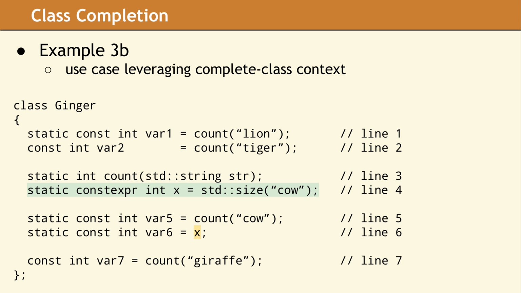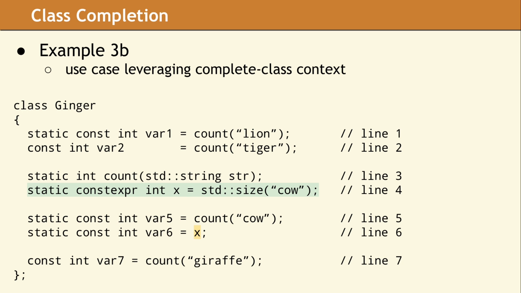But that constexpr is ignored by the compiler, since class Ginger is incomplete and we are not in a complete class context. As one other experiment, we changed the initialization of var5 to call a different constexpr method in another class, and then line 5 did compile, which was not a huge surprise.